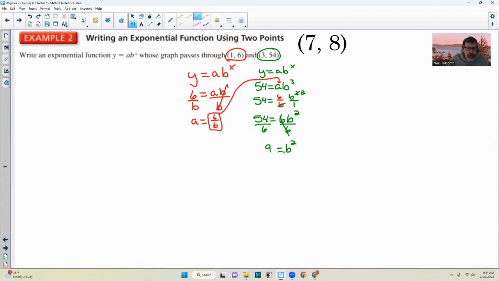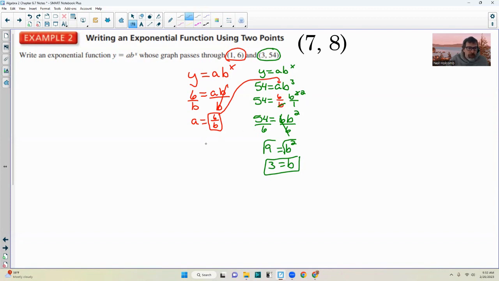Then I take the square root of both sides to find b, and b is going to equal 3. Now remember, when we take the square roots, it's plus or minus the radicand, but I can't have a negative b when I'm doing exponential functions. So b equals 3.